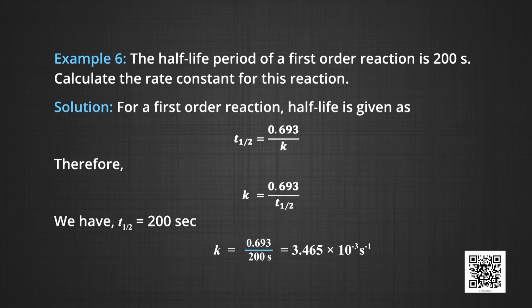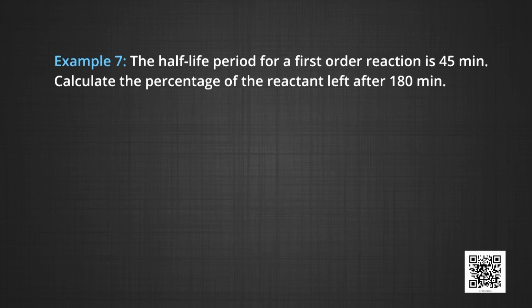After calculation, it will come out to be 3.465 into 10 raised to power minus 3 per second. Again another example. The half-life period for a first order reaction is 45 minutes. Calculate the percentage of the reactant left after 180 minutes.